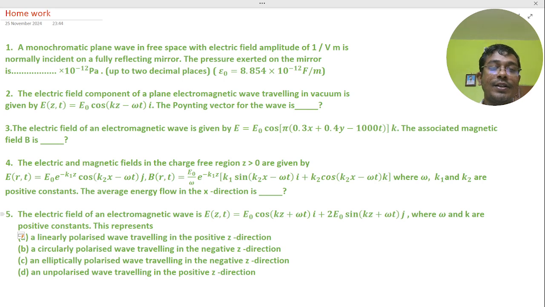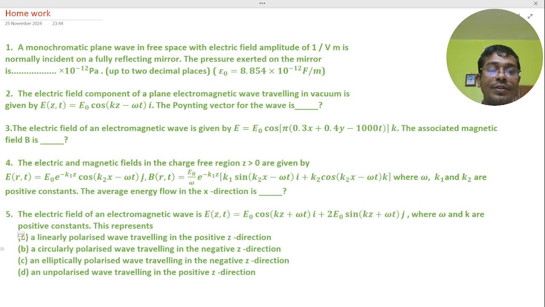The electric field of an electromagnetic wave E(z,t) is equal to E naught cos(kz plus omega t) i plus 2 E naught sin(kz plus omega t) j, where omega and k are positive constants. This represents: linearly polarized in the positive z direction, circularly polarized, elliptically polarized, or unpolarized.